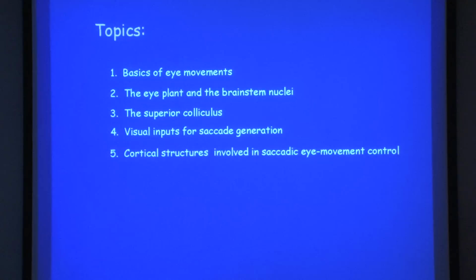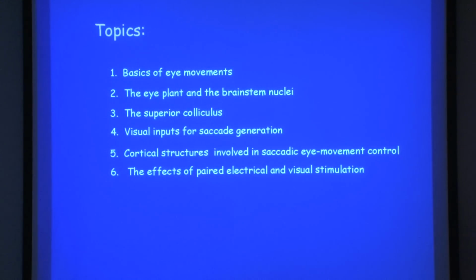Then, perhaps a little bit today, but most of that next time, we're going to look at the cortical structures involved in eye movement control. Then we're going to look at the effects of paired electrical and visual stimulation, because that will give us additional insights about the nature of eye movements.